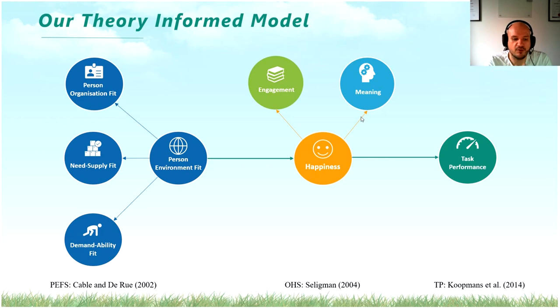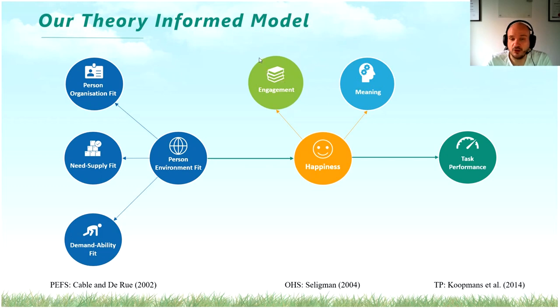From this scale, we can see that the scale measures person-environment fit, but it's also made up of three other latent factors: person-organization fit, needs-supply fit, and demands-abilities fit. So the questionnaire will have items for each one of these factors. Happiness is made up of three factors actually: pleasure, meaning, and engagement.